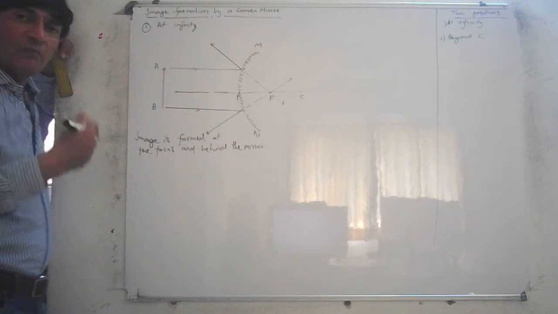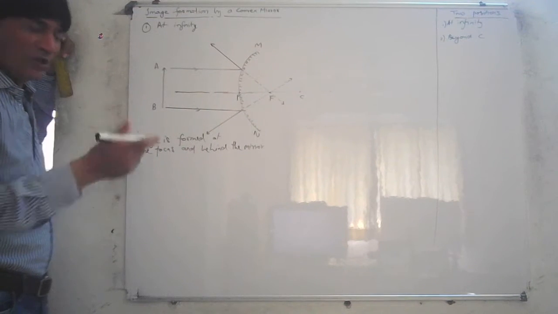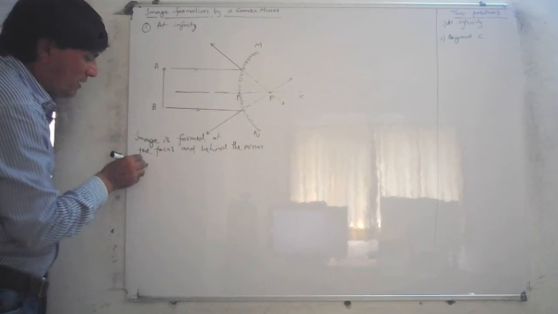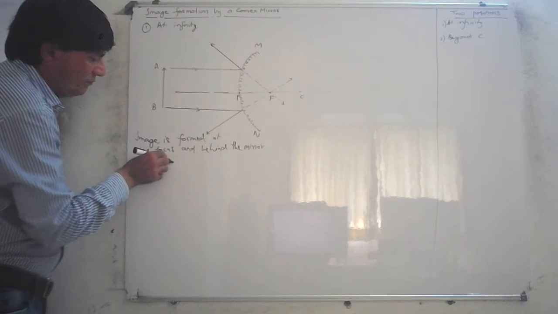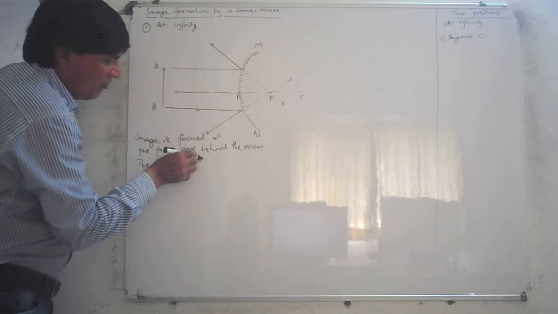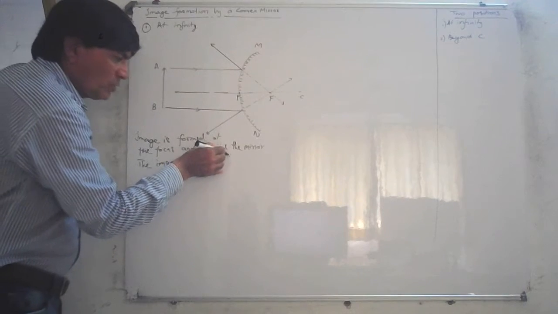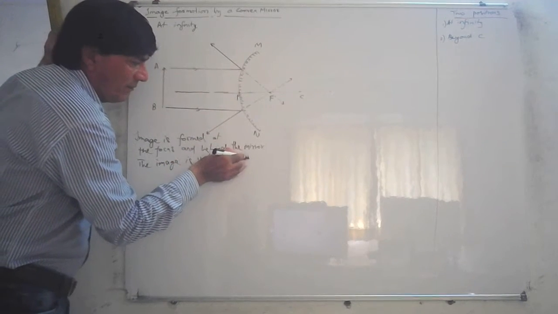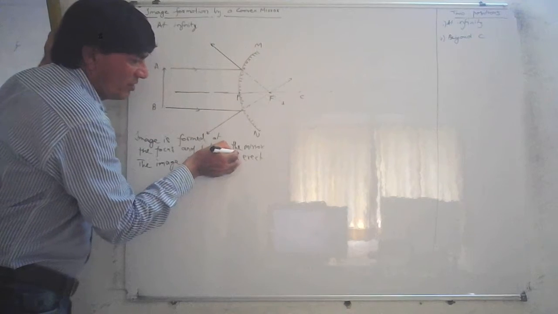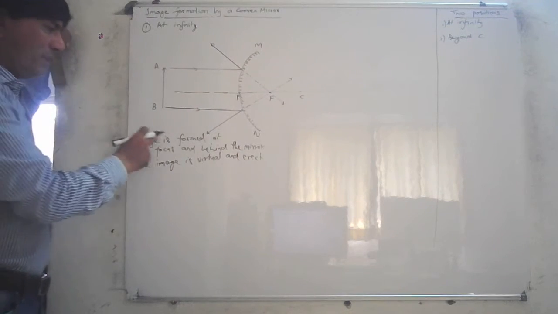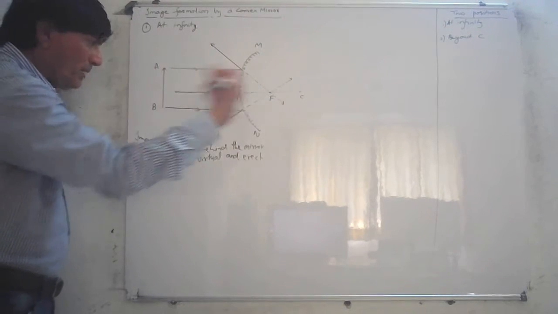When an image is formed behind the mirror, it is always virtual. So the image is virtual. If it is a virtual image, it is always erect. Virtual and erect. So the image is formed at the focus behind the mirror.